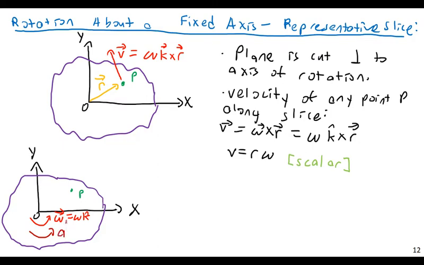Alpha vector equals alpha scalar times vector k.